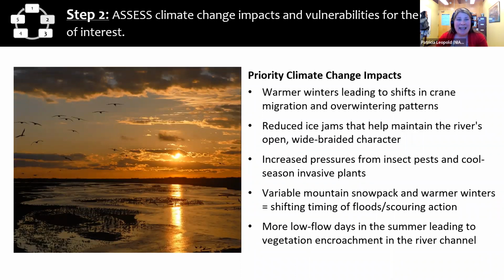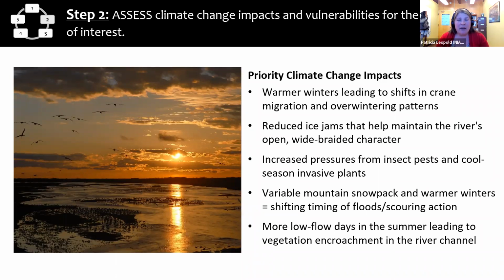And so in the second step, they identified their key climate change impacts for this region. And so that included shifts in crane migration and overwintering patterns because of those warmer winters, a reduction in ice jams. And those ice jams are really important for maintaining the river's wide open character.